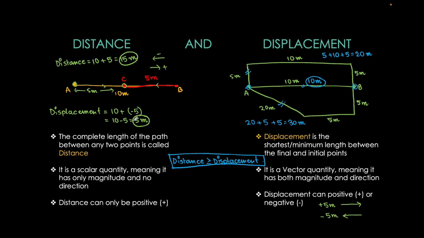If you see the two examples, you can see that either distance is equal to displacement, or the distance is greater than displacement. In this example, 15 meter is greater than 5 meter, so obviously the distance is greater than displacement. Similarly, in this case, you have 20-meter distance but 10-meter displacement, so the distance is greater. In this case, you have 30-meter distance but 10-meter displacement, so obviously the distance is greater.